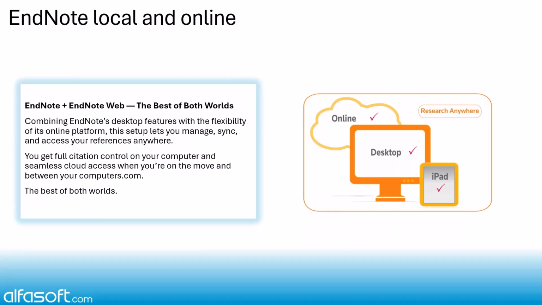On your computer, you have all the powerful desktop features, full citation control, advanced organization, custom fields, and all those tools that you rely on for serious reference management. And then with EndNote Web, you get the flexibility to access your library anywhere, whether you're on another computer, traveling, or just need to quickly grab a reference on the go.